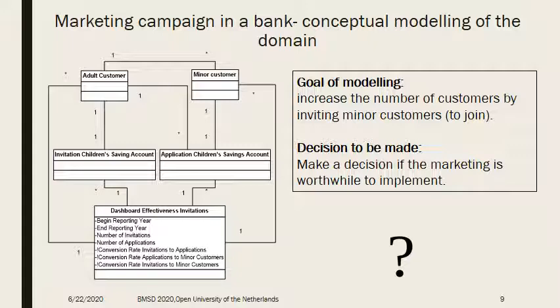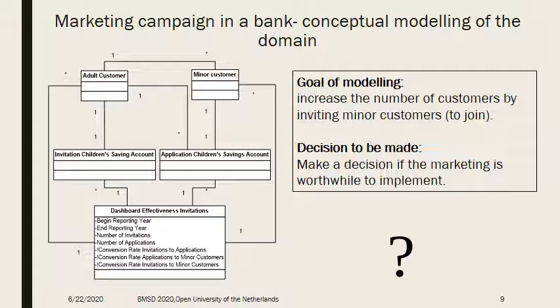Upon receipt of an application for a children's savings account, if the child is under the age of 11 years and doesn't yet have such an account, a back office employee registers the child as a minor customer who will retain that status until reaching the age of 18.